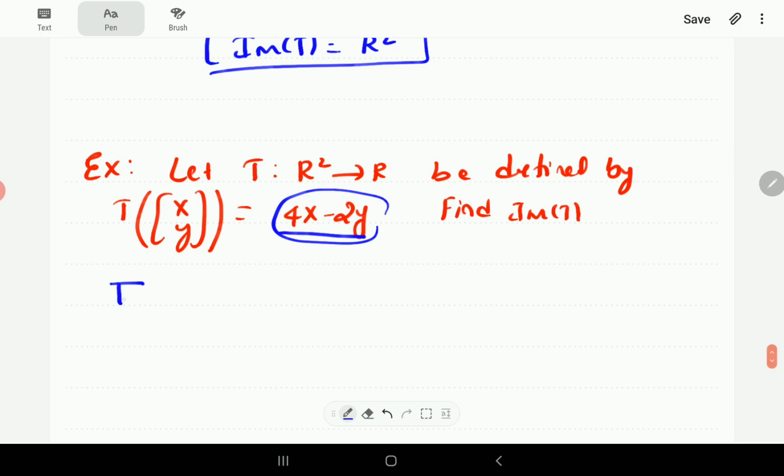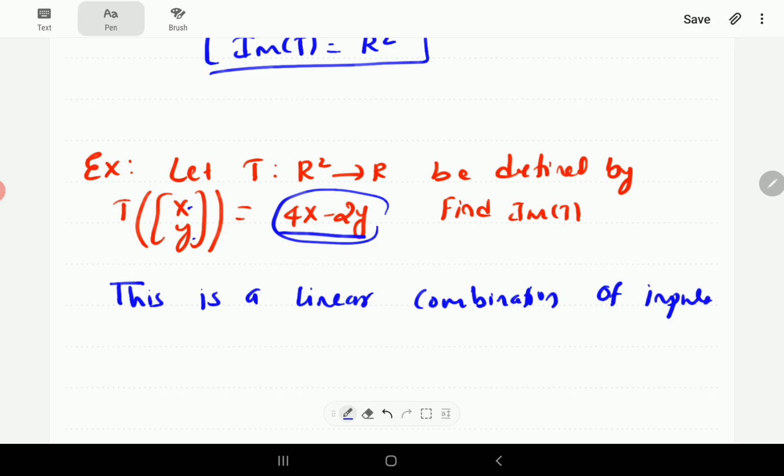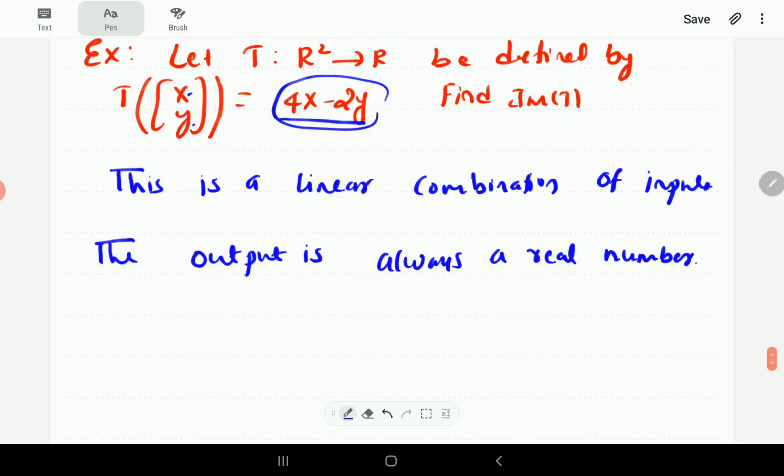So let me write here, this is a linear combination of inputs. As I give x and y as inputs, it will give me a linear combination of x and y. Therefore the output is always a real number.